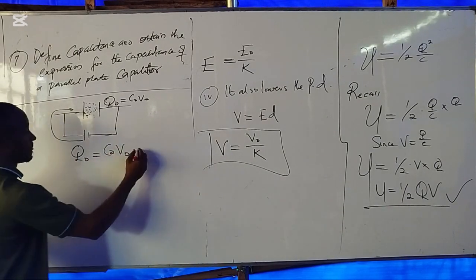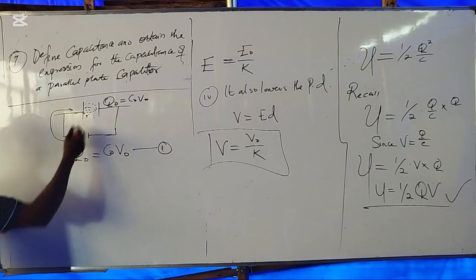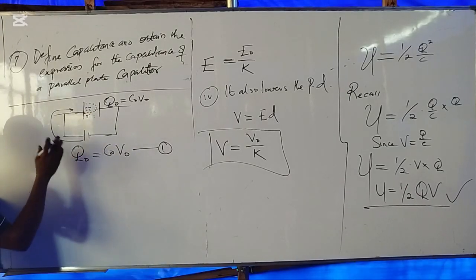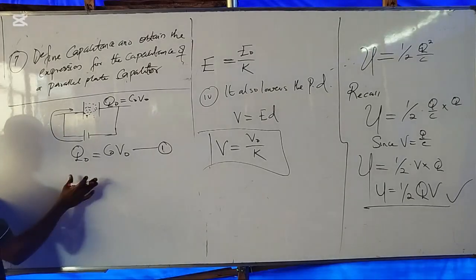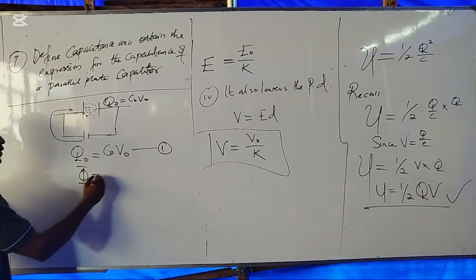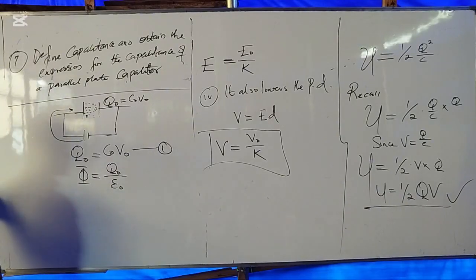This is equation 1. This charge will generate electrical flux, and according to Gauss law, the flux generated is equal to the charge over the permittivity of free space.